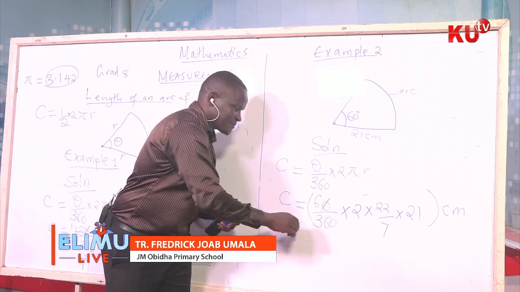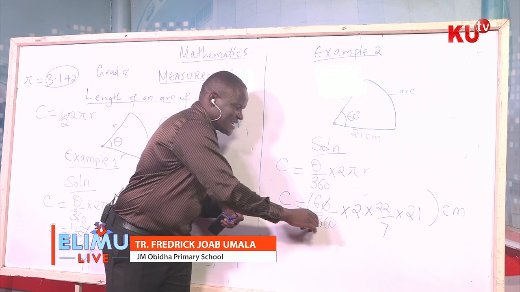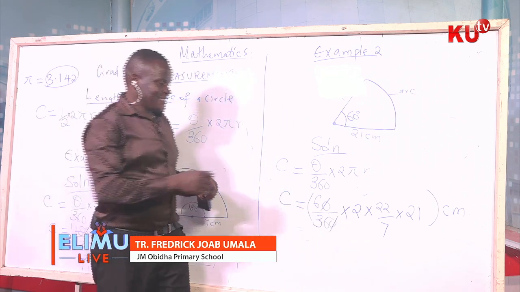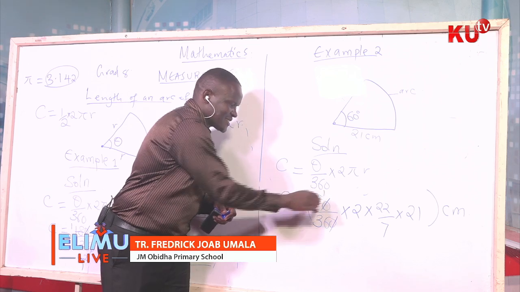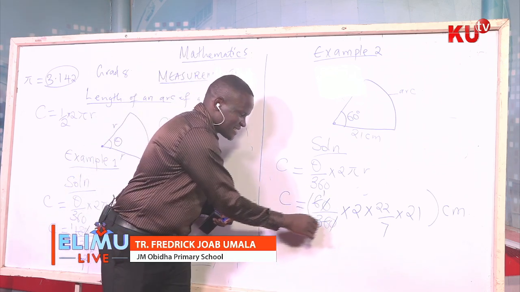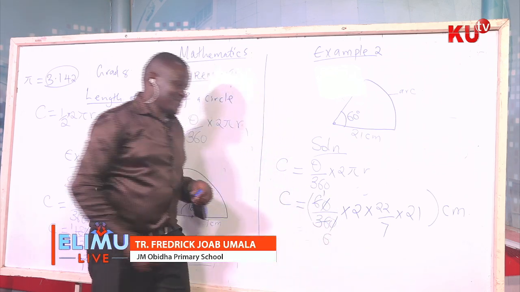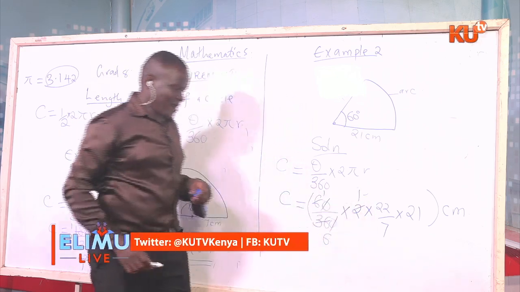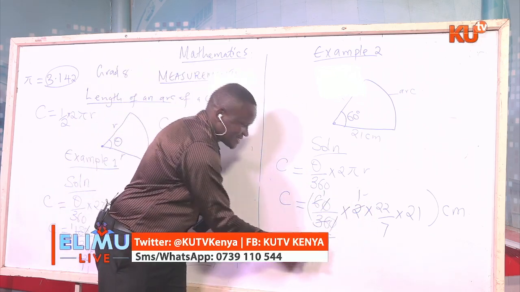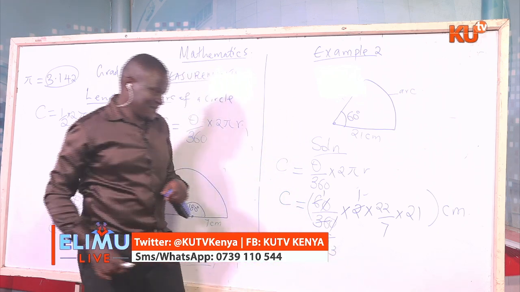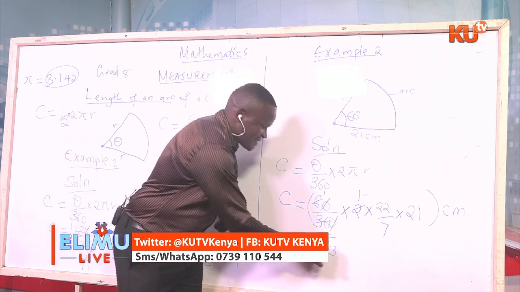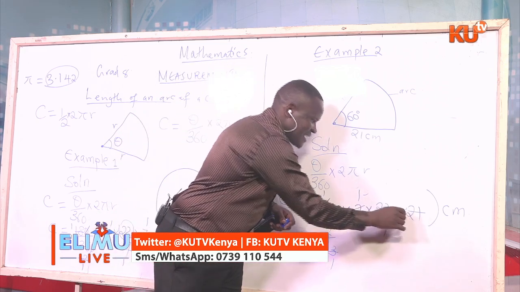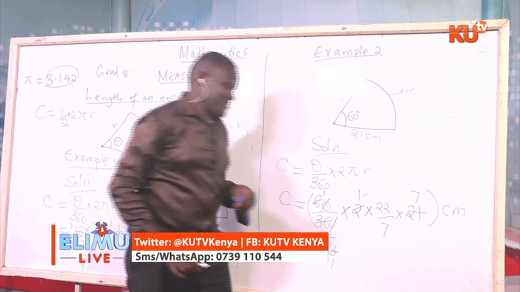The 0 on the numerator side will cancel the 0 in the denominator side. 6 into 6 once, into 36 6 times. Then we have 2 into 2 once, into 6 3 times. 3 into 3 once, into 21 7 times.